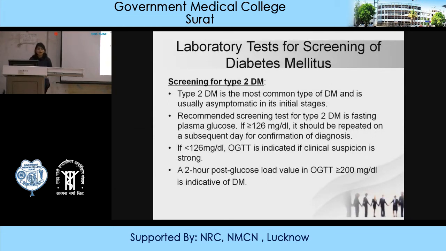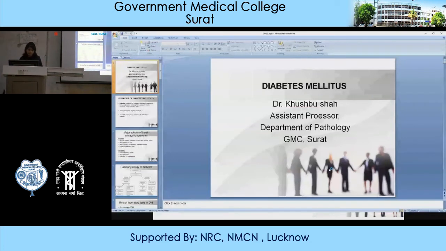But if we are getting this kind of result in a patient who is not having any symptoms in a screening setting, we cannot label this patient on the first result, right? So we need to confirm the result on a subsequent day, and if the results are the same, we will diagnose the patient as diabetic, right? Because the results can be due to technical error or some other substance present in the blood which may influence the blood glucose level.